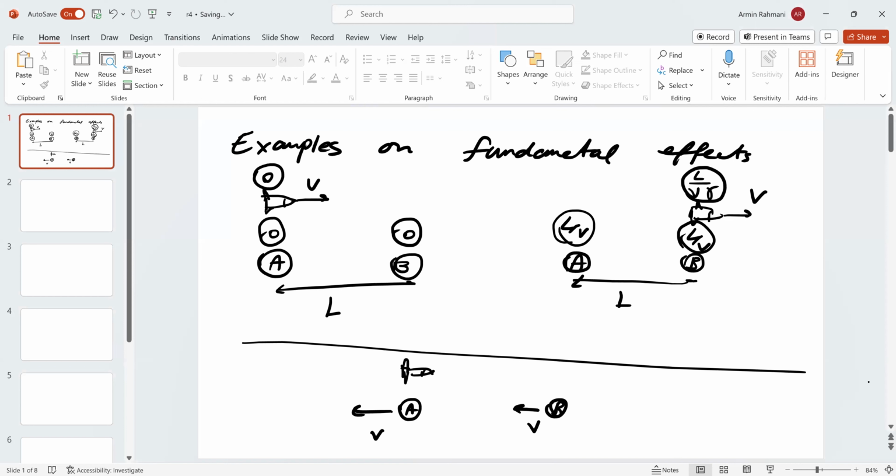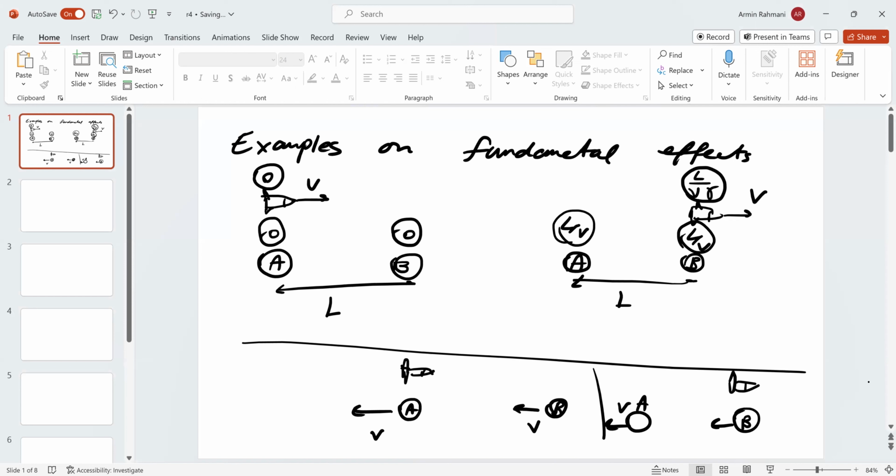So that's the beginning scenario. And then the end scenario is, again, the spaceship is in the same place. A has moved over here, still moving in that frame, and now B has reached the spaceship.